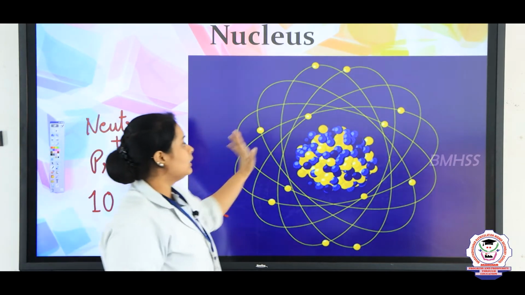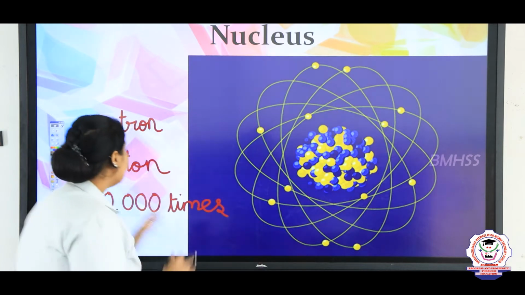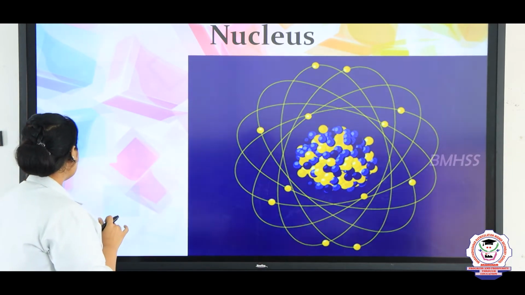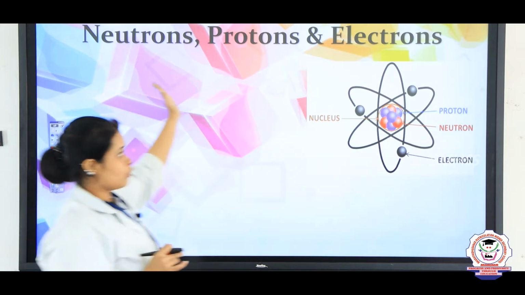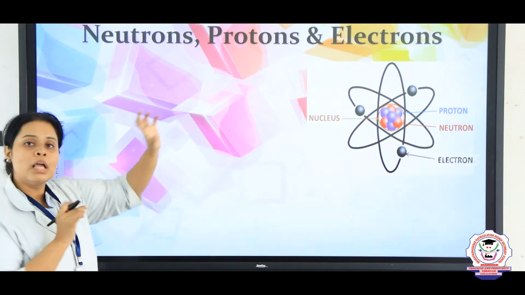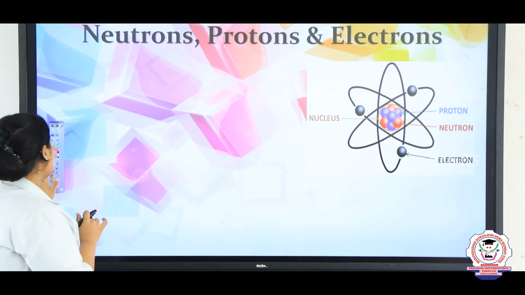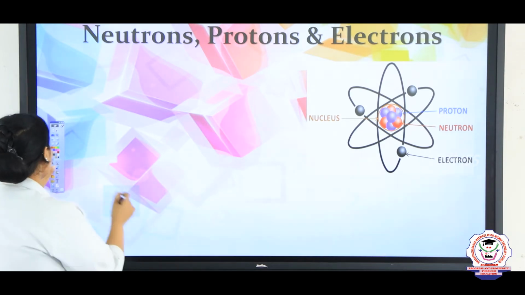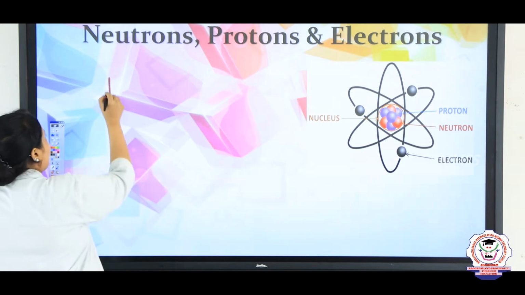So this is the main thing about the nucleus. Now let's consider the three different particles: neutron, proton and electron. First let's start with the proton, which is present in the nucleus.